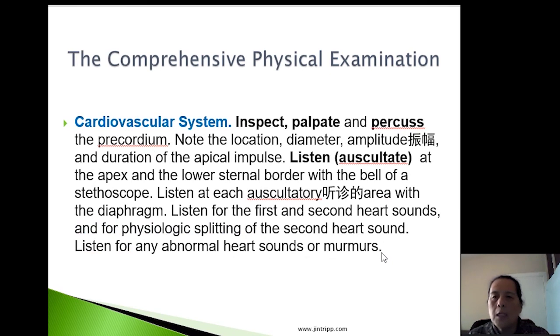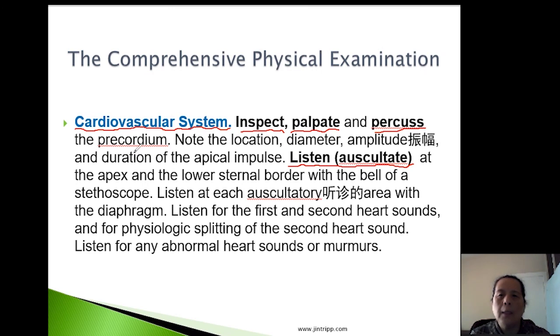Then we go to the cardiovascular system, but we mainly check the heart in this part. For the heart, we still need 4 ways: inspection, palpation, percussion, and auscultation.